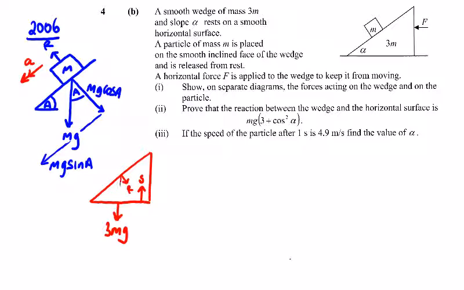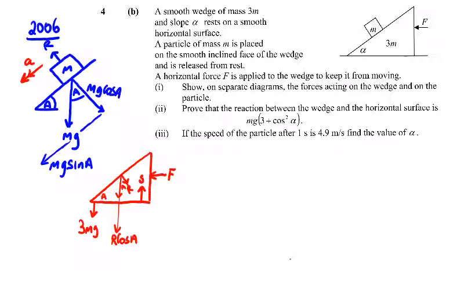Coming down in this direction, I'll move the 3mg's arrow a little bit over to here. So down in this direction, with the angle alpha inside it, this alpha in here, this is going to be R cos alpha, it's adjacent to alpha. So what else have we got going on? We have the force F coming in this direction, stopping it moving.